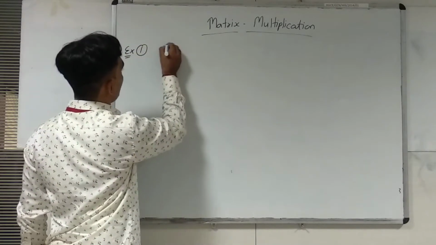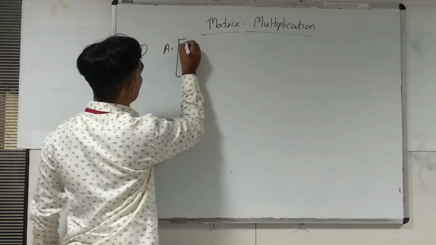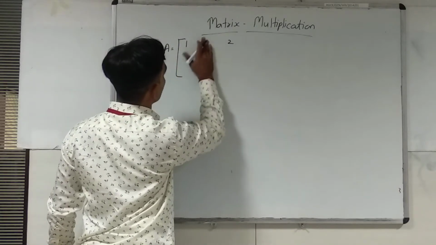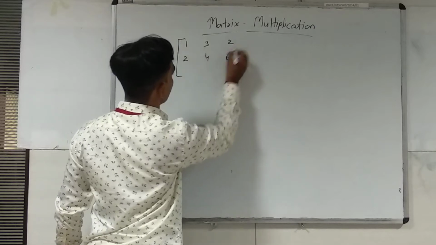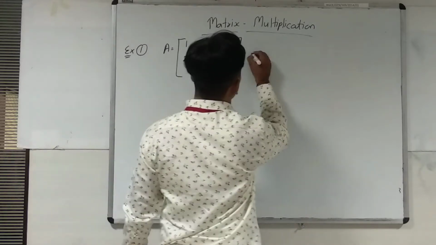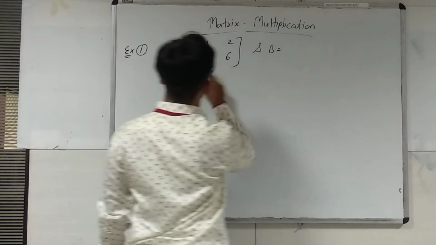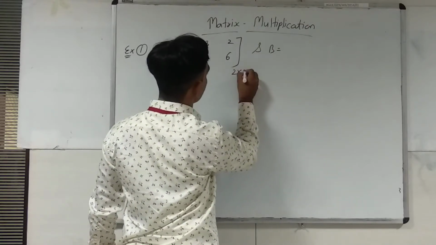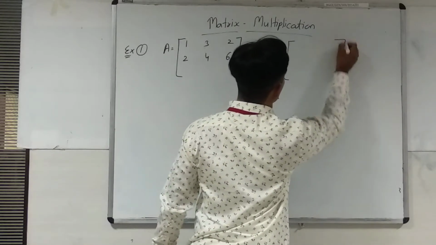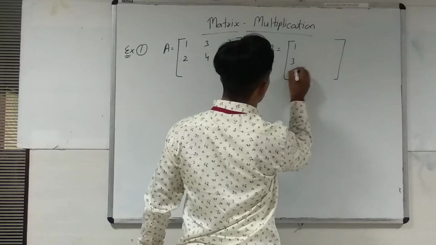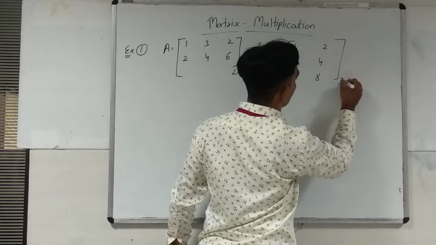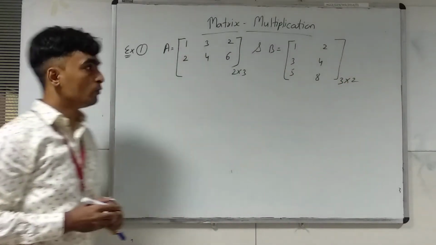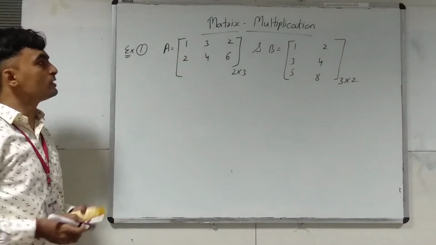First example: A equal to 1, 3, 2, 2, 4, 6, with dimension 2 cross 3. B equal to 1, 3, 5, 2, 4, 8, so it is 3 cross 2. For this example, first we have to check whether matrix multiplication is possible or not.